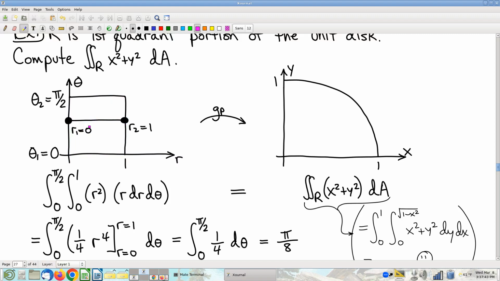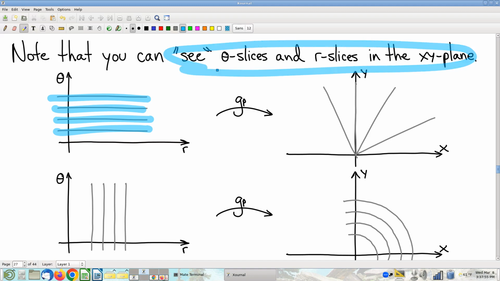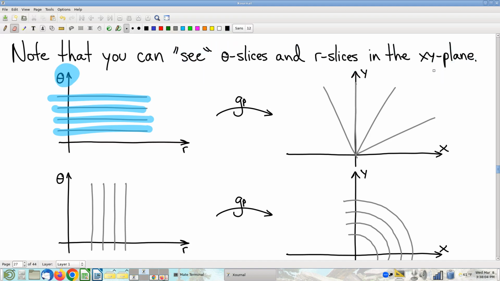Okay, well, those theta slices like this, I can just see exactly what those look like in the xy plane. After all, each one of those theta slices just represents a constant value of theta. And I can tell you exactly what those constant values of theta look like in the xy plane.